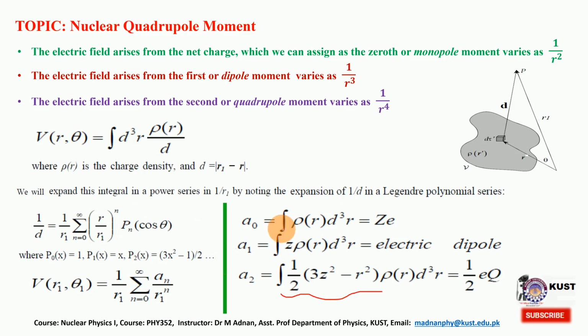Now the first thing is, why we are not talking about this electric dipole here. Since we are discussing the nucleus, the nucleus contains all the protons, and we don't have any distribution of protons such that it can give rise to these dipole moments, since for a dipole it is required that the two charges should be of opposite polarity. So that's why this will not be in our discussion.